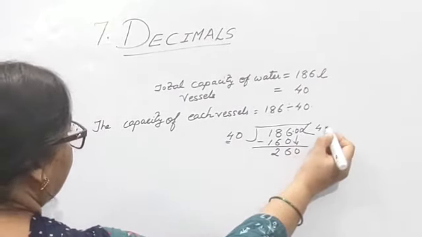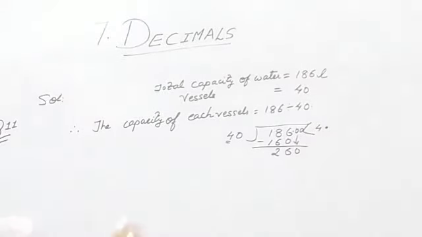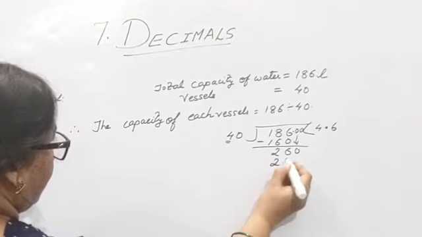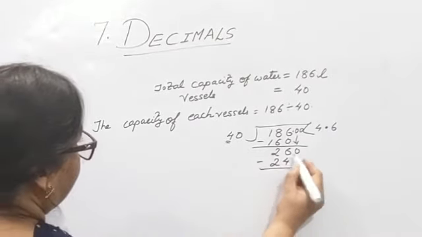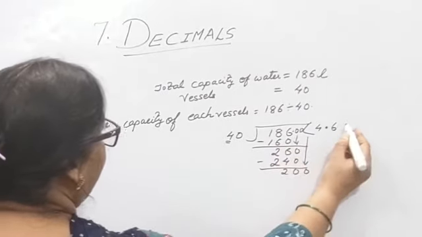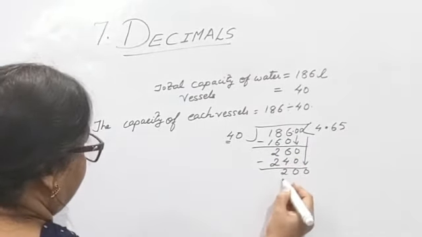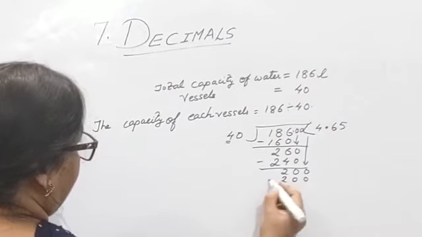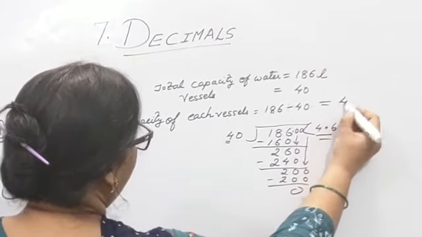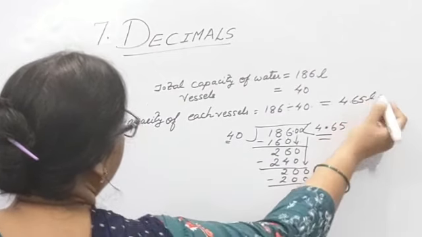At the same time bring the decimal to the quotient. Now proceed. It will go 6 times. 4 6s are 24. Subtract, 20. Bring the next number down. It will go how many times? 5 times. Hence, the capacity of each vessel is 4.65 liters.